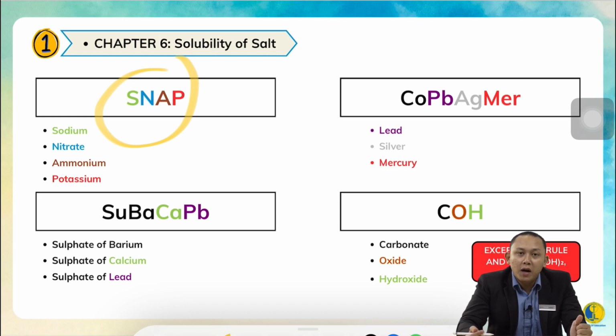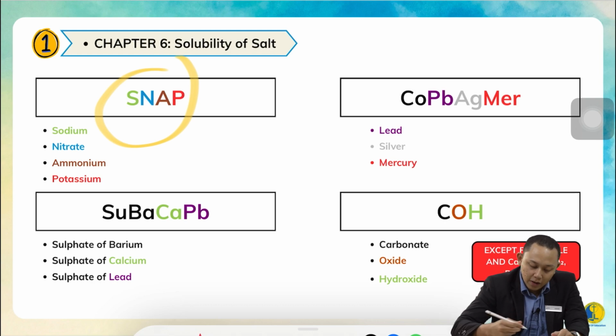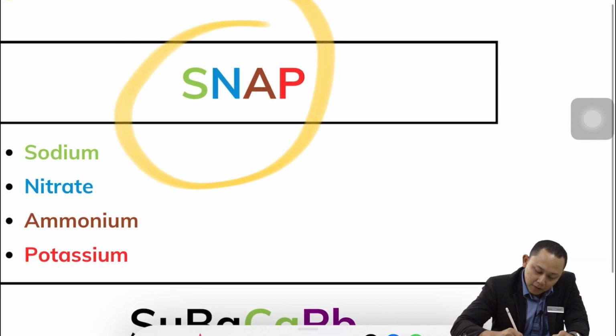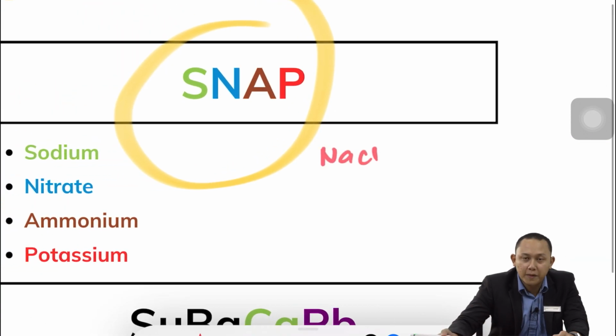So the first rule is talking about soluble salt. If your salt contains sodium, nitrate, ammonium, and also potassium, it's going to be a soluble salt. As an example, I will have NaCl.